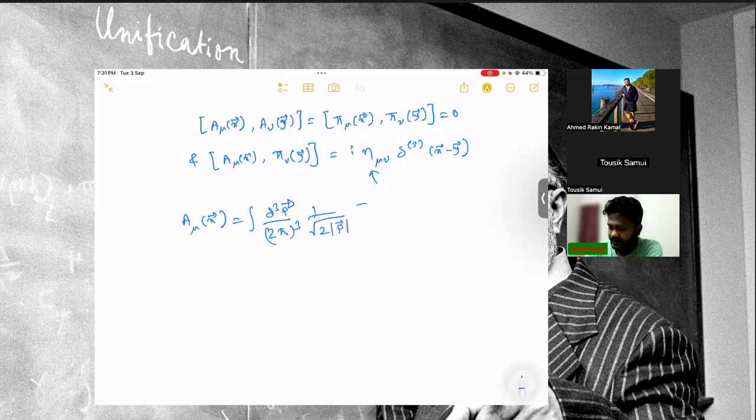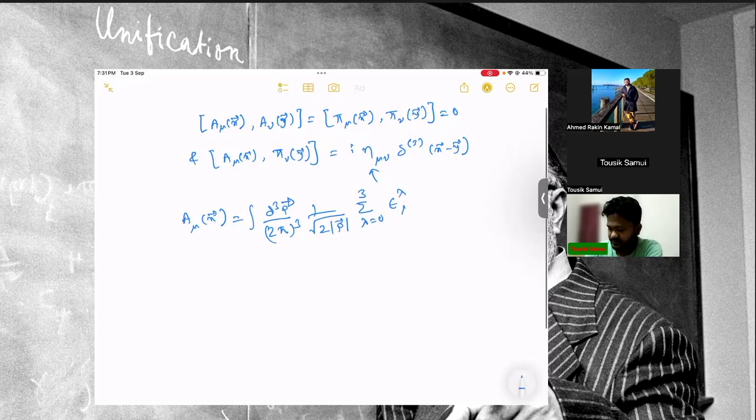Okay, and now notice that I'm writing a summation from 0 to 3, which is basically four components, a lambda p e^(-i p·x) minus a lambda dagger p e^(i p·x).